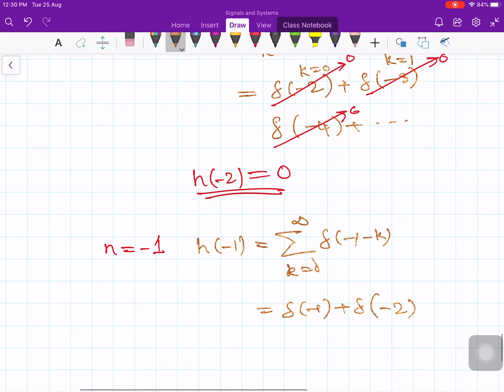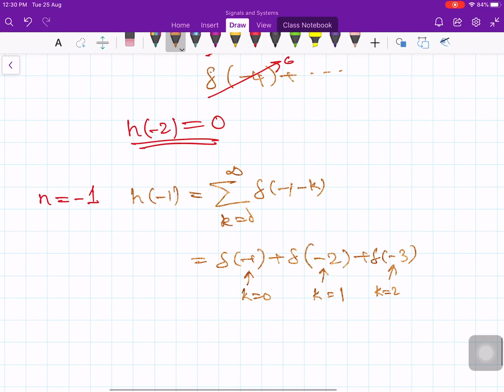So the sequence keeps going. Again this gives 0 and this also 0. So the final answer is 0, h of minus 1.